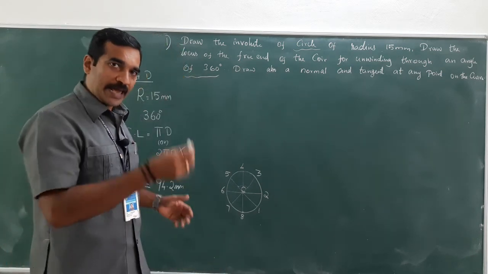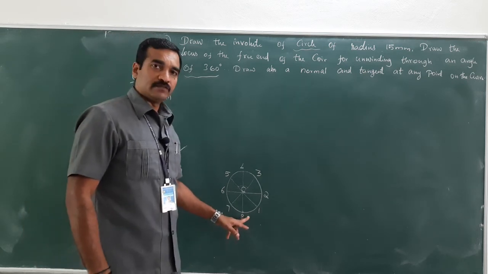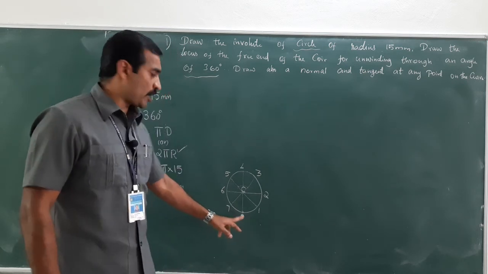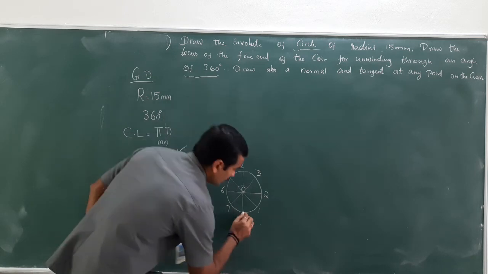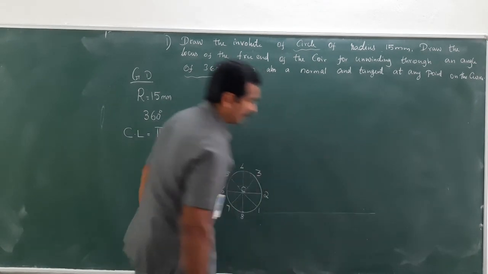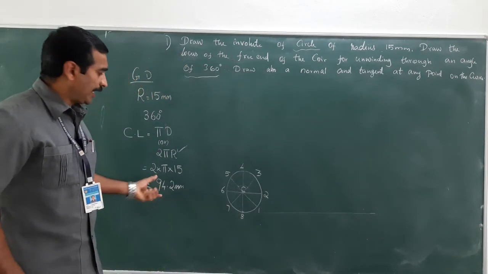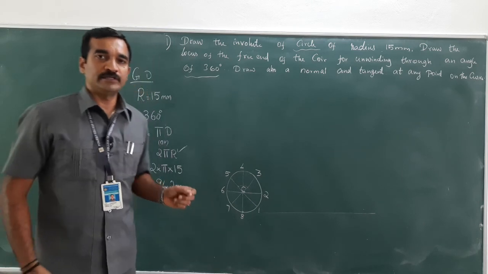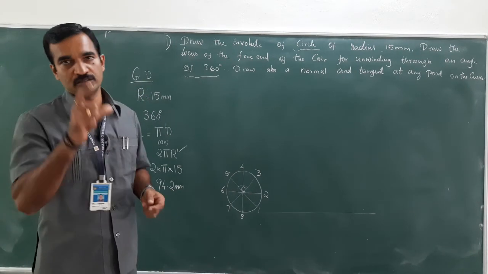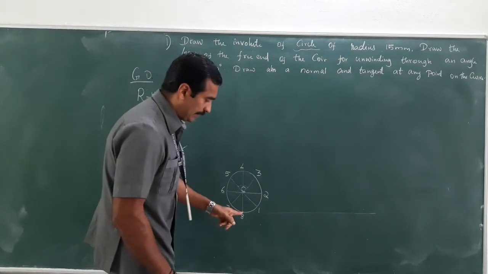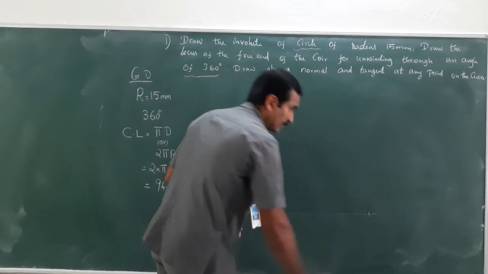Now draw a line which should be tangential to the point 8. Take 94.2 mm either in your scale or in your compass, and keeping 8 as center, cut an arc here.